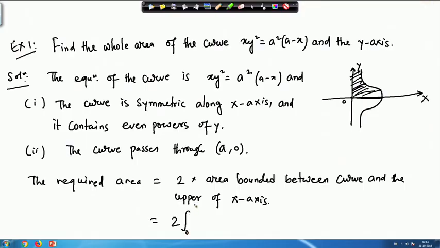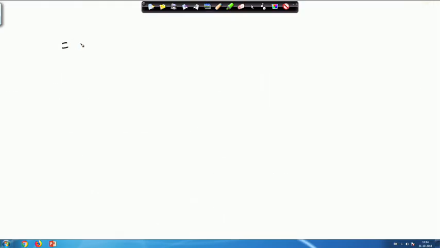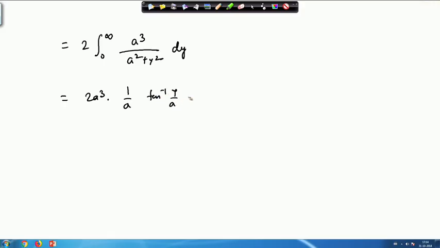So we can write integral from 0 to infinity of x dy, and this can be written as 2 times integral from 0 to infinity. The x value can be calculated as a cube by a square plus y square, and from here we write dy. Now this reduces to 2a cube times 1 by a, and then we have tan inverse y by a, where y is running from 0 to infinity.